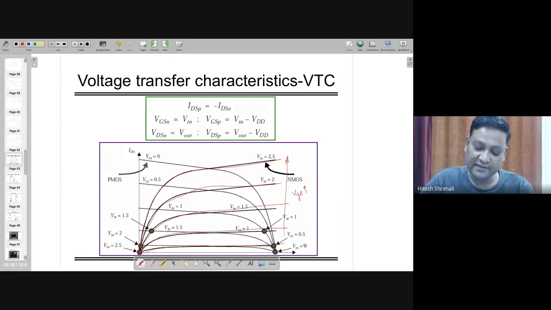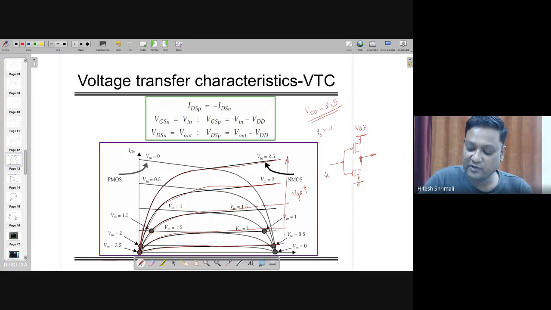So here, by the way, VDD equal to 2.5. The example has been taken from Rabaey's book, where they have considered VDD equal to 2.5 volt, and that's why this characteristic is also 2.5 only. And you can say that the source is always connected to 0 for NMOS, and in this case, for PMOS, it's always connected to VDD.